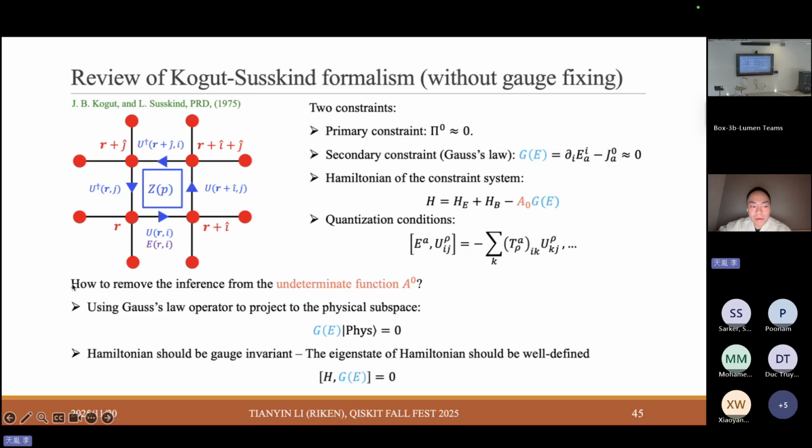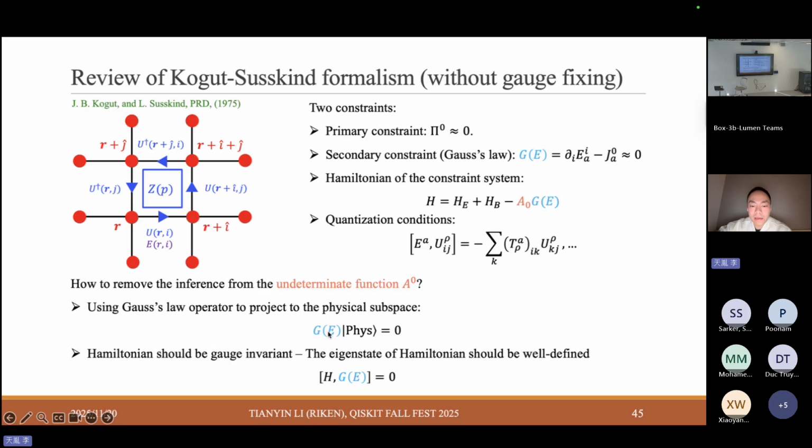So we will ask a question: because the A0 here is an undetermined function, how do we remove the influences from the undetermined function A0? The answer is that we can use the Gauss's law operator to project to the physical subspace.